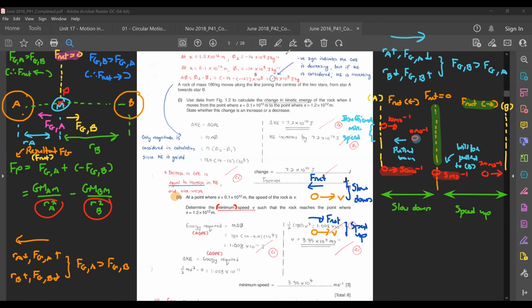Okay, so what you really want to do now is to find out that instant where you're just able to reach star B. You want to find the speed that's just sufficient for you to reach star B. Meaning, say you project it with a certain speed v, and then you assume that it reaches this F net equals to 0 at 0 meters per second, because this is kind of like the limiting case, the point at which you're about to be pulled towards star B. You would want to consider this case in your calculation.